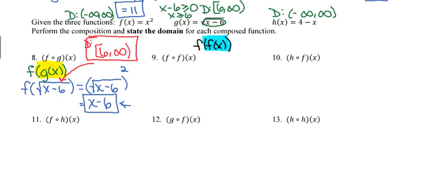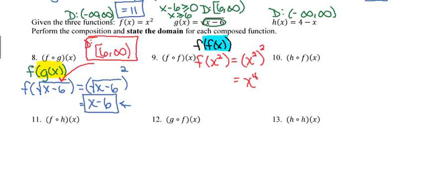So we're trying to find f of, well, f of x is x squared. So we're trying to find f of x squared. So what I'm going to do is take that x squared and replace x with it in my f of x function. So f of x squared really means to take x squared and square it. And x squared squared is x to the fourth.